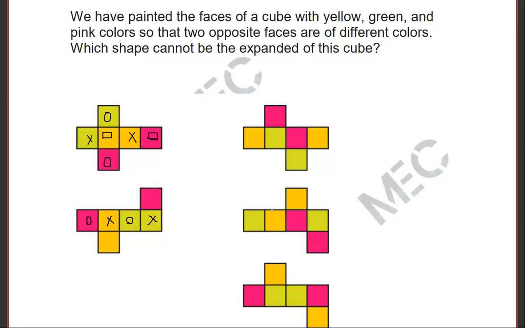Everything is okay here. In this shape, these are opposite faces which are of different color again. These are opposite faces again which are of different color. But in this shape, these are opposite faces but the same color.